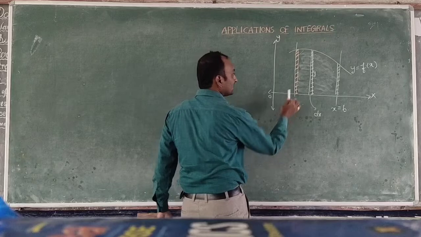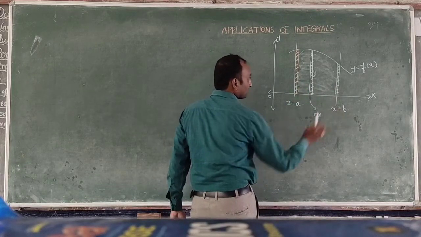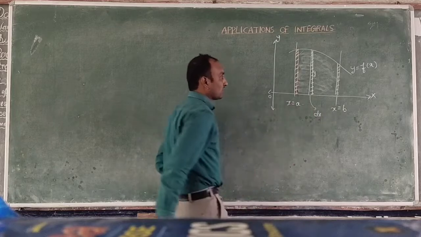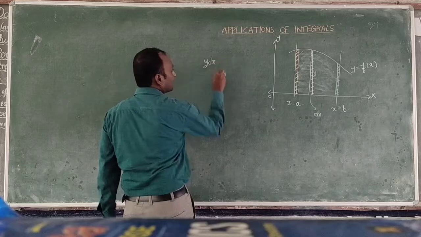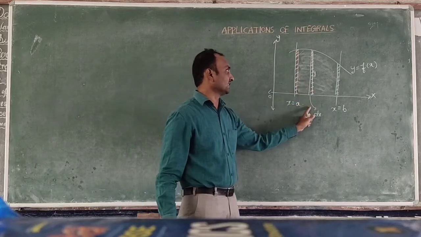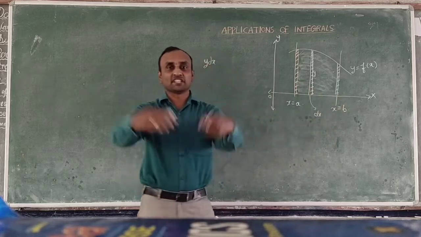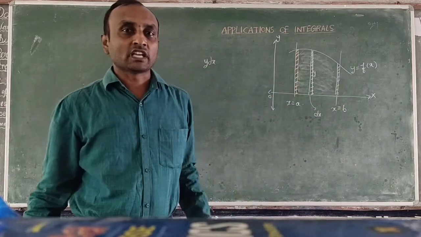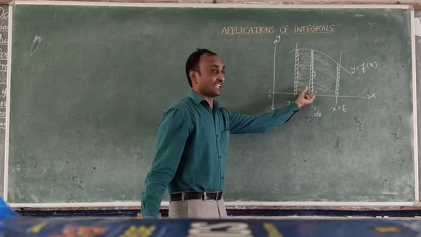So the area of all these rectangles from x equal to a to x equal to b is the summation of all y into dx, as the area of the rectangle is y into dx. From here to here, the rectangles may be infinite, so we have combined all the areas to find this area.